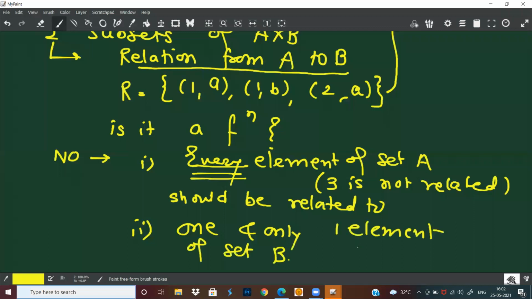Yes, 1 has got two images. Absolutely right. 1 is going to A also, 1 is going to B also. ये postmangiri नहीं चलेगा.